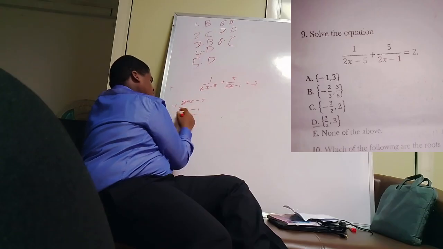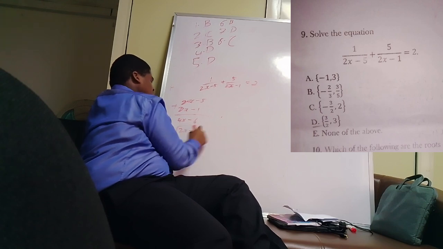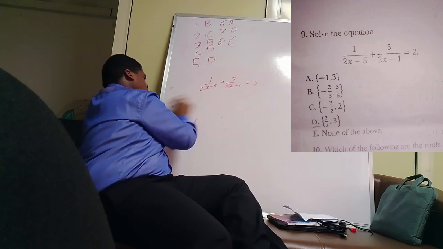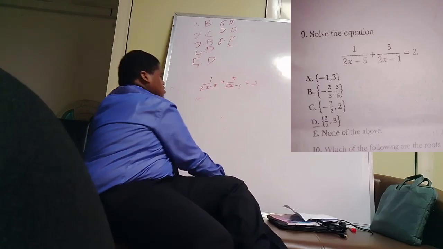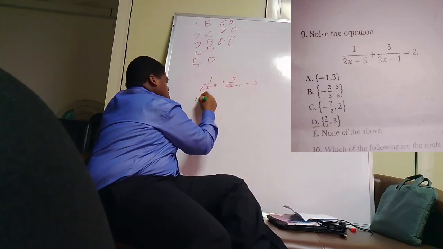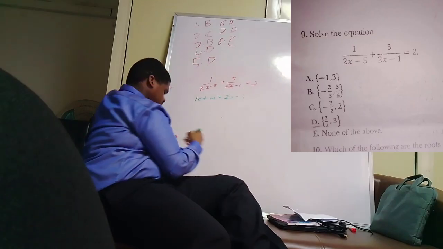So you have 2x minus 5 plus 2x minus 1, you have 4x minus 6. 4x minus 6 divided by 2 is just 2x minus 3. So 2x minus 3 is the line that will be between these two. So let me use another marker. Let a equal to 2x minus 3.